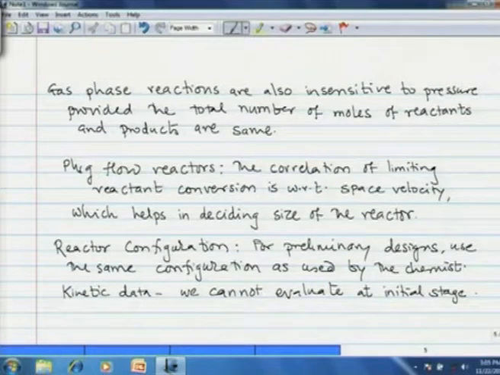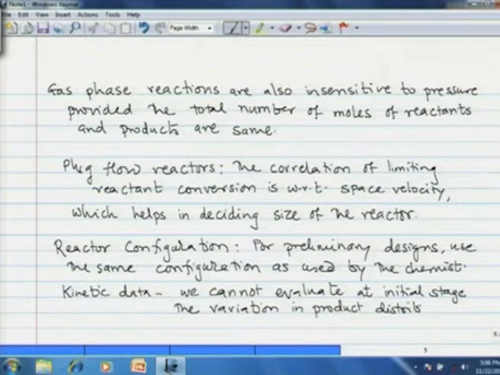Of course, this discrepancy can be removed as we go further and further with flow sheet synthesis. So, that point we are noting, we cannot evaluate at initial stage the variation in product distribution with reactor configuration.